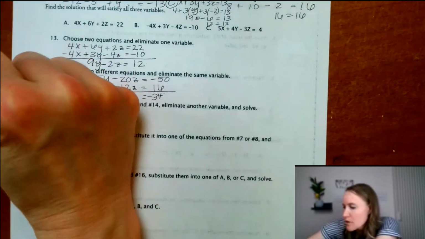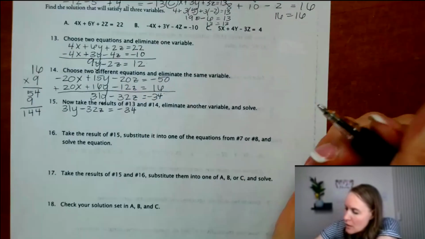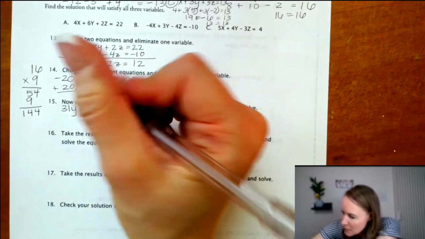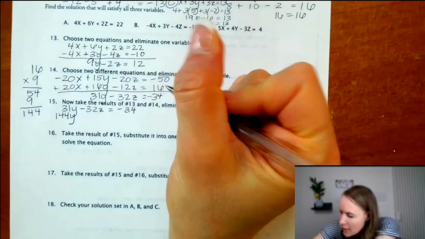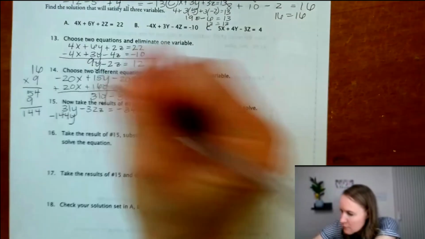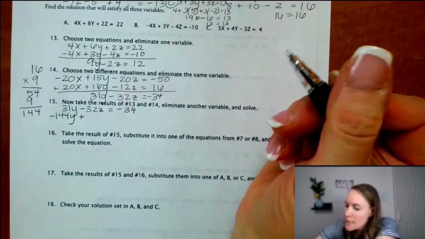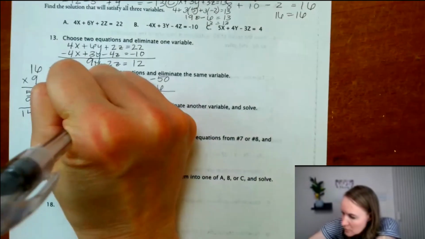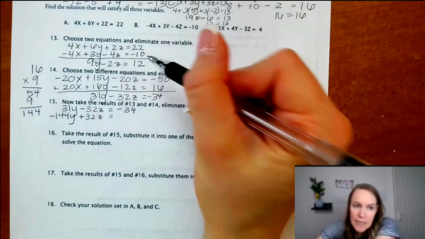Okay, 4, and then 4, 144. So that gives me 144y, but I need to multiply by negative 16, so that's a negative. Negative times a negative is a positive, and 16 times 2 is 32z equals 16 times 12.